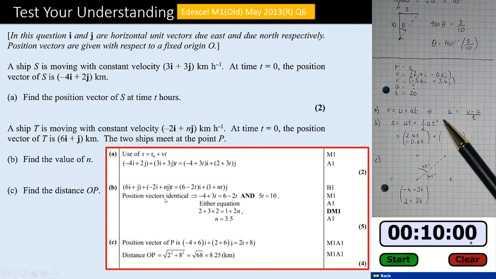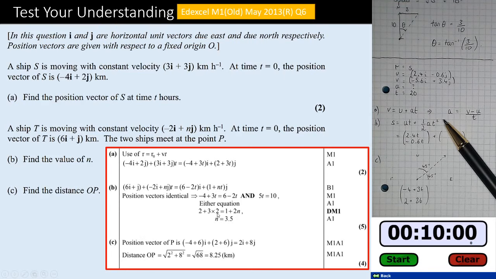And then when the position vectors are identical, we have that the i components will be equal. Those are the ones that they've chosen to put equal to one another. And then solving that to get our value of t, and then using that to get a value for n, which we've got there to be 3.5.